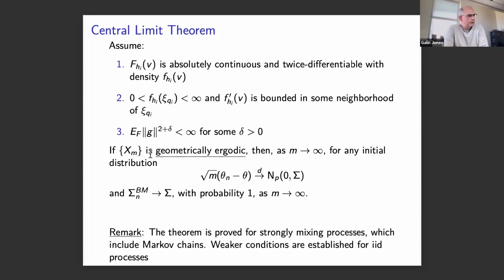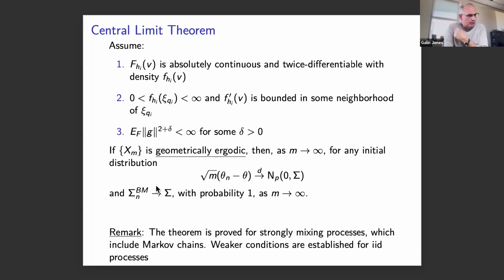We do require the Markov chain to be geometrically ergodic. I have not even told you what that is yet, but if you don't know, then it's essentially meaning that, at least in a qualitative sense, the convergence rate should be rapid. And then under these assumptions, for any initial distribution, there is a multivariate CLT for both means and quantiles here, and the batch means estimator is a consistent estimator of the asymptotic covariance matrix.